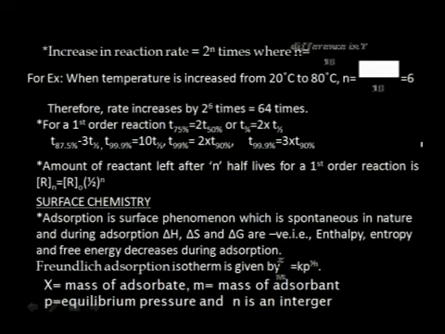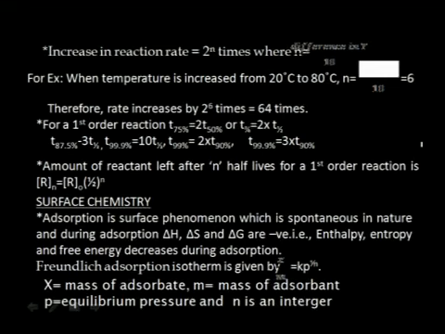Therefore, rate is equal to 1 by 2 of K1 into N2O5, because d of N2O5 by dt is given as K1 into N2O5, and that is equal to 1 by 4 K2 into N2O5, because d of NO2 by dt is given as K2 into square bracket N2O5, and that is equal to K3 into N2O5, because d of O2 by dt is given as K3 into N2O5.